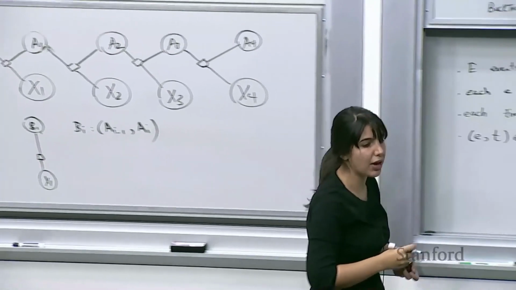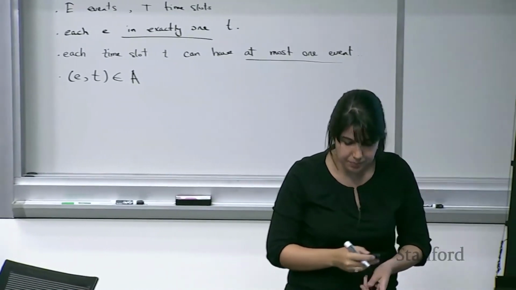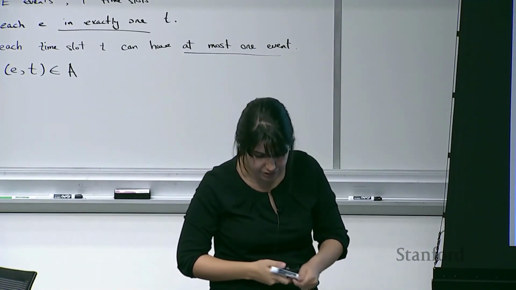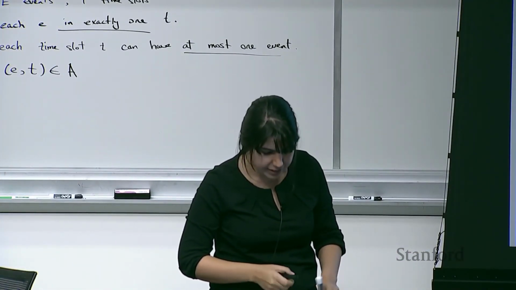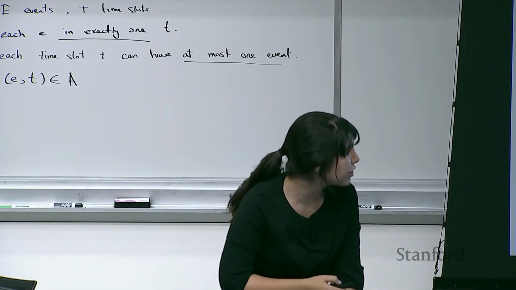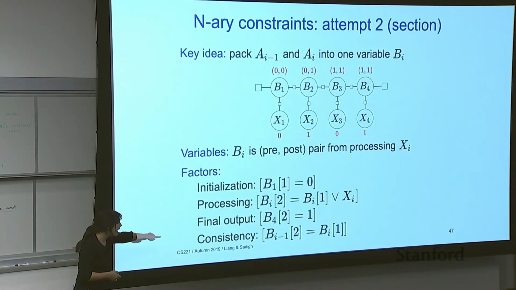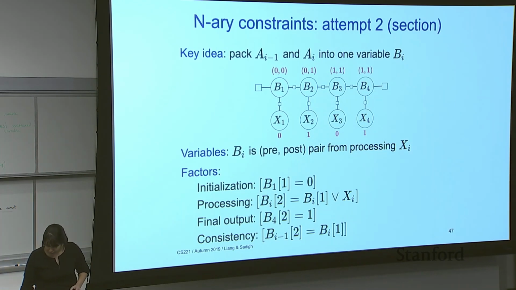And that allows me to have binary factors here. Okay? And by doing so, I'm actually adding one more constraint. I need to add a consistency constraint that makes sure b_{i-1} of 2 is equal to b_i of 1. Just ensuring that pre and post are staying the same as we move through the graph. So that's another enforcement. All right, let's chat next time about this more.